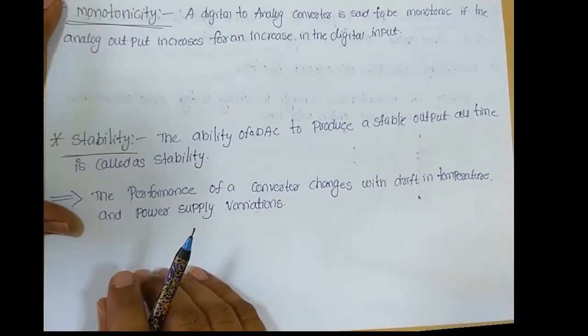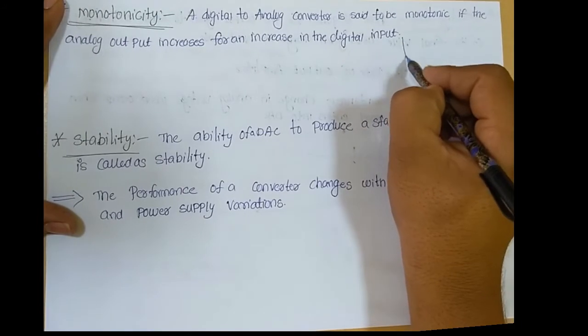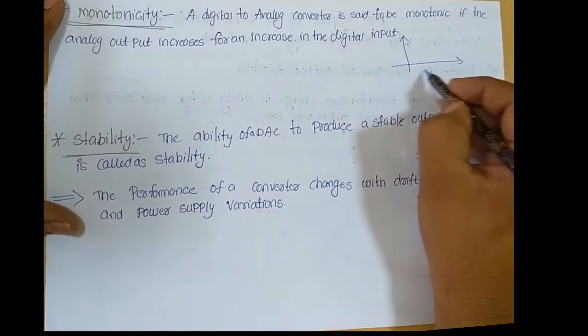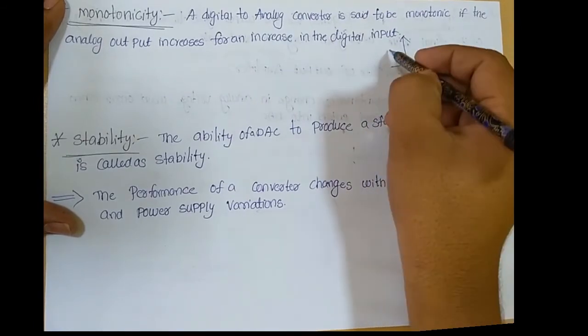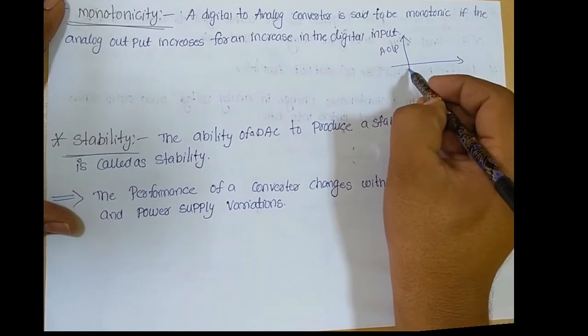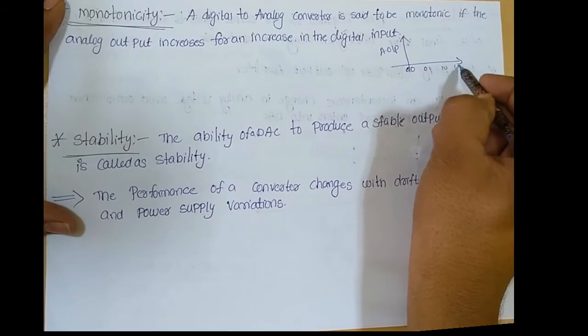The next specification is monotonicity. A digital to analog converter is said to be monotonic if the analog output increases for an increase in the digital input. It means that we observe the digital to analog converter response: the digital bits are the input and we get the analog output signal. For example, we give the digital inputs 0 0, 0 1, 1 0, 1 1.